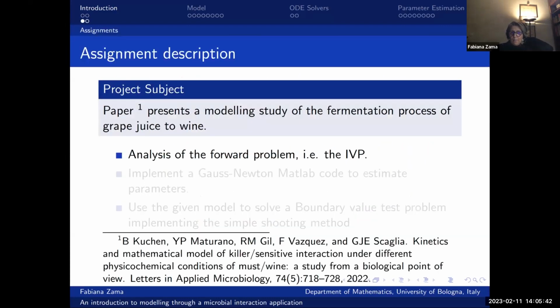The assignment that they had was to use this paper. This is a recent paper, from 2022, where they illustrate a new approach for a mathematical model of a killer-sensitive interaction in a particular condition, applied to the transition from must to wine.